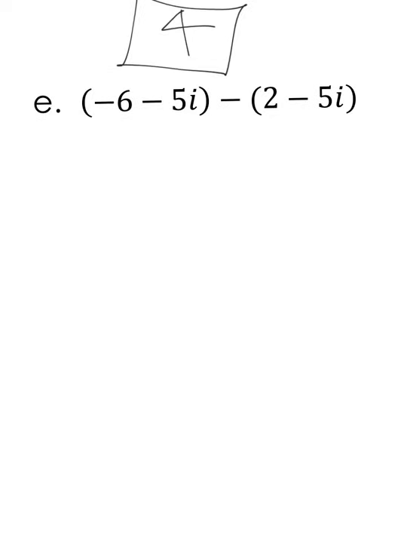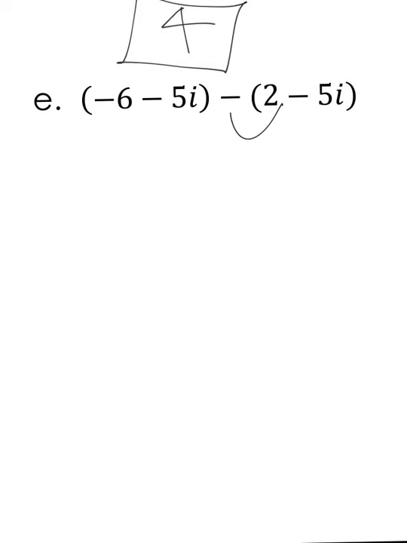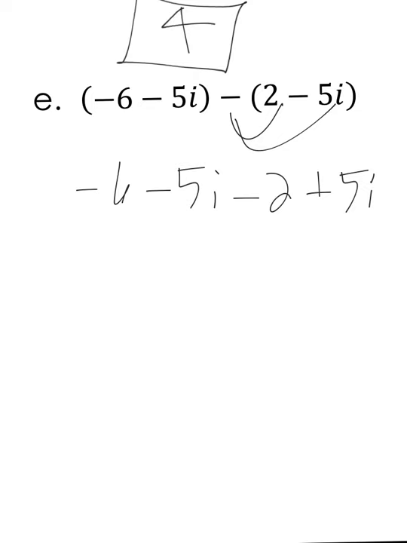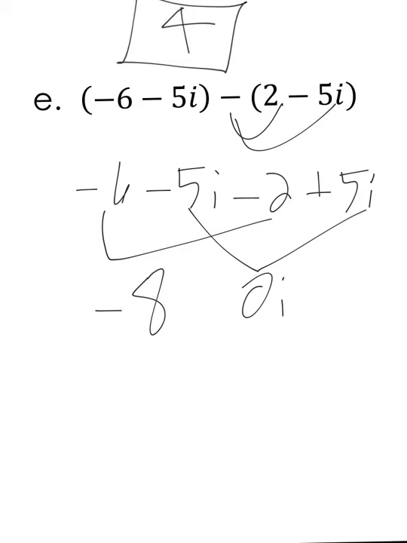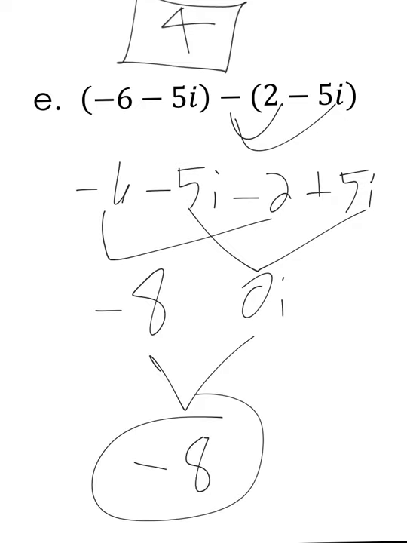E, there is a negative. Whoops. So I'm going to distribute that. Negative 6 minus 5i minus 2 plus 5i. Oh, look, this is just like the last one. Your i's cancel. That makes 0i. So what's negative 6 minus 2? That's negative 8. So my final answer is just negative 8.